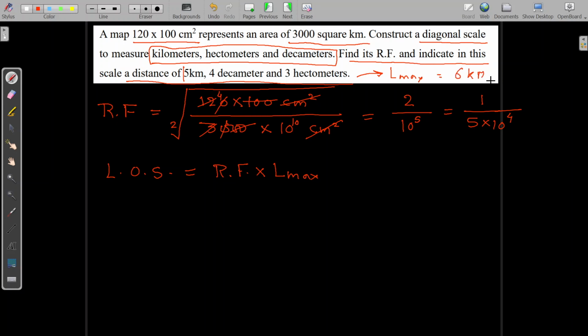So RF is 1 by 5 into 10 to the power 4, multiplied with 6 kilometer, so 10 to the power 5 centimeter. Again it will cancel out, and it will come to 12 centimeter. So what we have to do is make a diagonal scale of 12 centimeter.